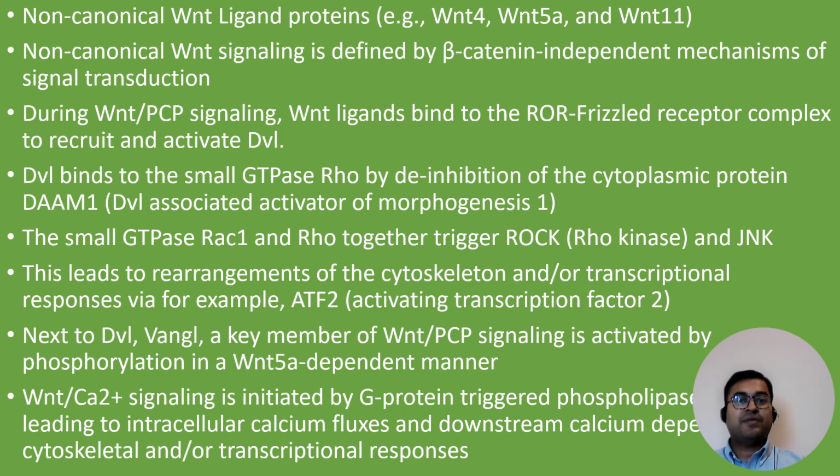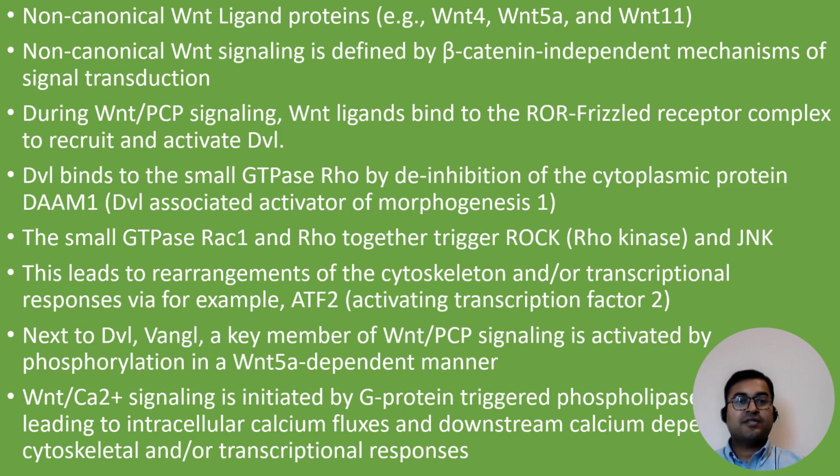During Wnt PCP signaling that we discussed, Wnt ligands bind to the ROR Frizzled receptor complex to recruit and activate disheveled. Disheveled protein binds to a small GTPase Rho by de-inhibition of the DAAM1 protein we have seen in that previous diagram.